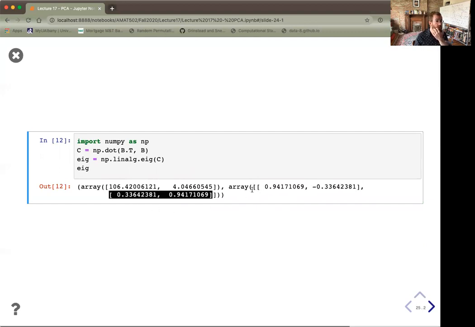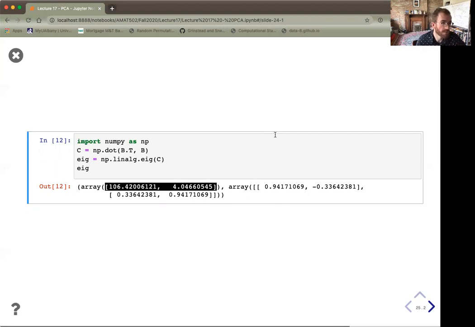We're going to try to understand what the meaning of those eigenvectors is. Notice that we didn't divide by n minus 1. I'll leave it to you to think about why we did that or didn't do that.